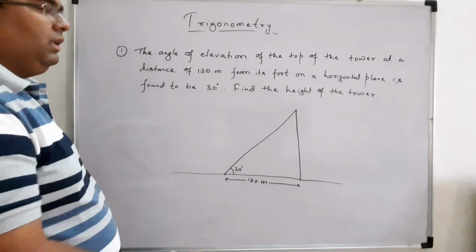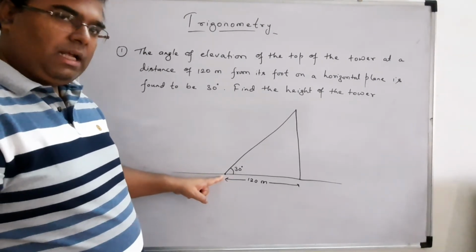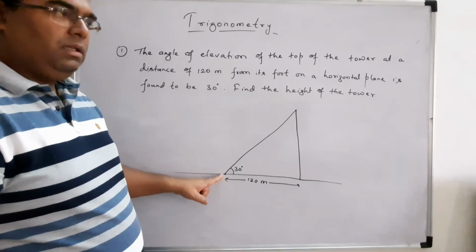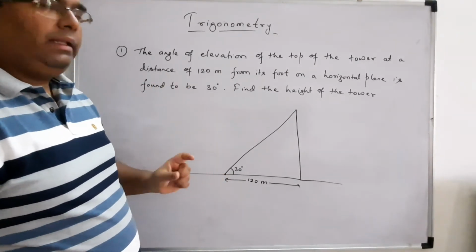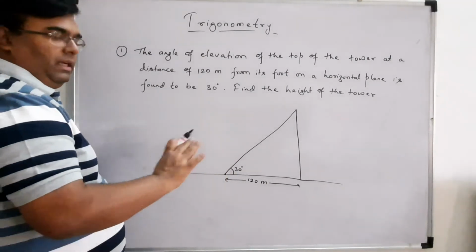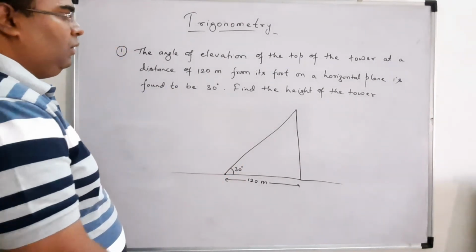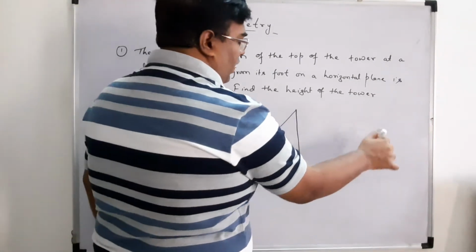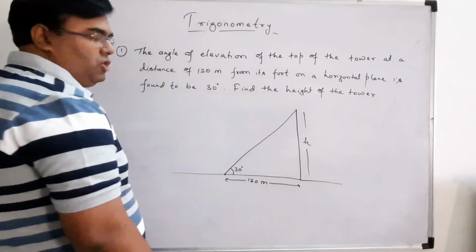If nothing is mentioned, you keep that object as a point only. In some questions it is given that the height of the person is something, then we will do it in some other way, but if nothing is mentioned, you will keep it as a point object. Now the question is to find the height of the tower. Let this height of the tower be h.